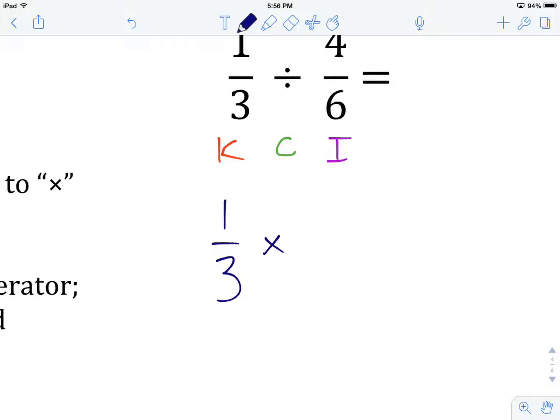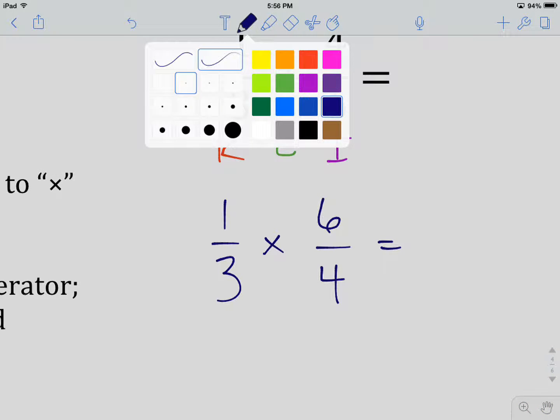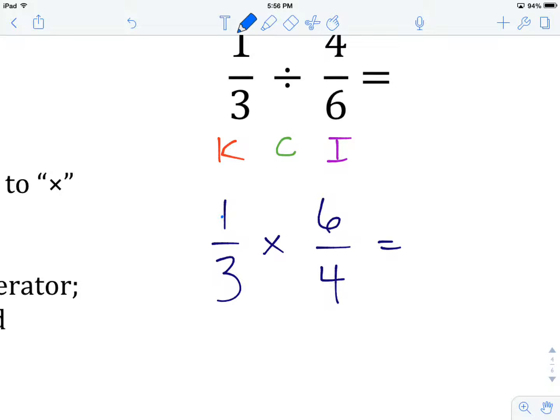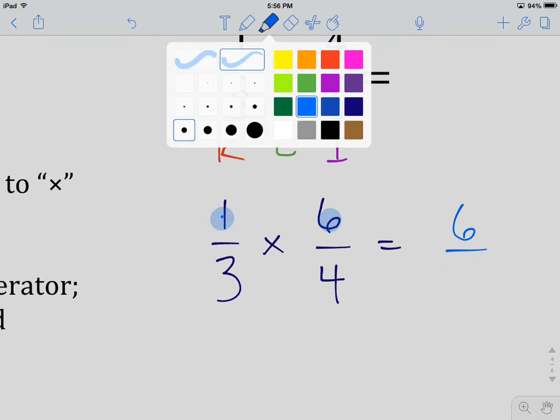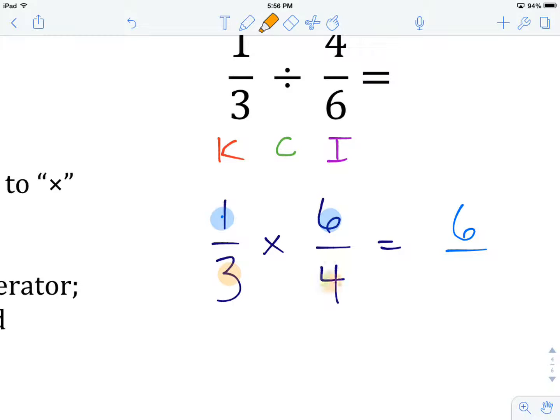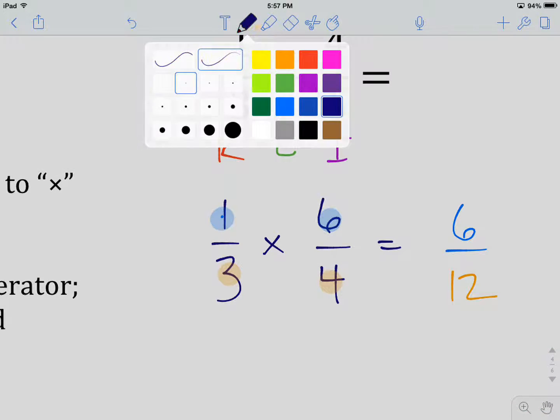Change division to multiplication and invert 4/6 to become 6/4. From here, multiplication of our fractions, numerator by numerator, 1 times 6 gives us 6. And our denominators, 3 times 4 will give us 12. So let's rewrite that. That's our answer so far.